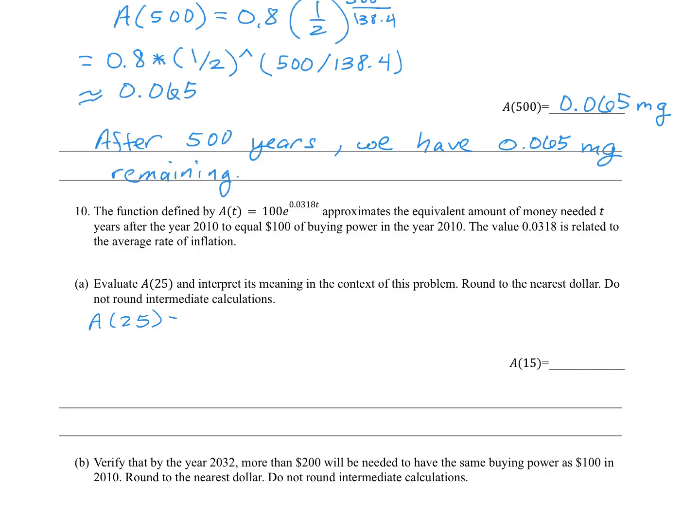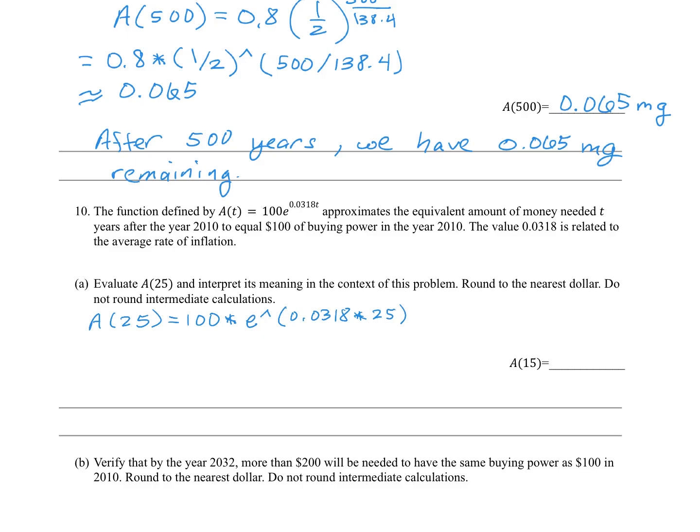So when you calculate A of 25, again, that is done on your scientific calculator. That is 100 times e raised to the 0.0 times the number 25. And you will notice again, I'm using parentheses around my exponent because I want to multiply those numbers and then use them as a power. So once you type this into your calculator, and again, you may have to look for the E button on there.